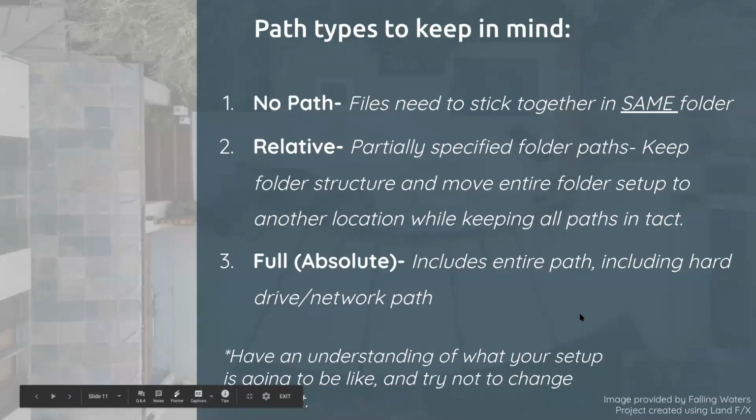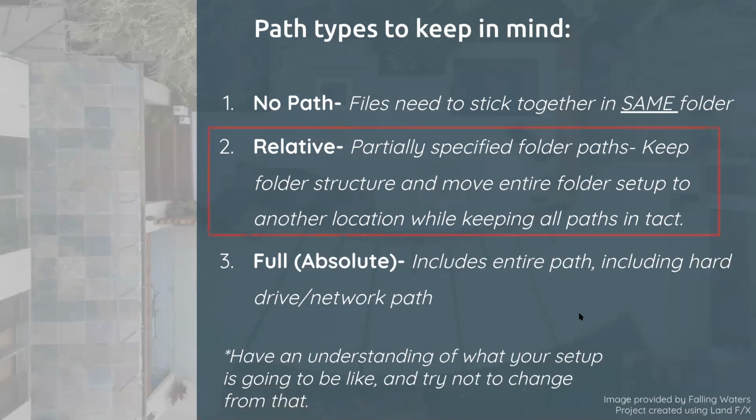This is one of the slides that we're going to pause on, but not really touch on much. Just know that we do have a few different path types to consider as we insert an image or a PDF. Our suggested path type would be relative. This is the most flexible.